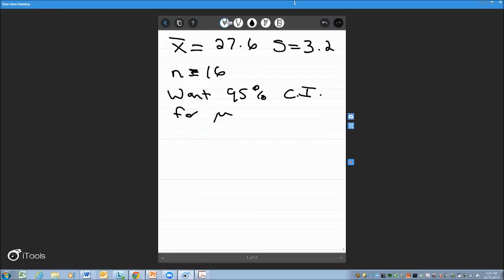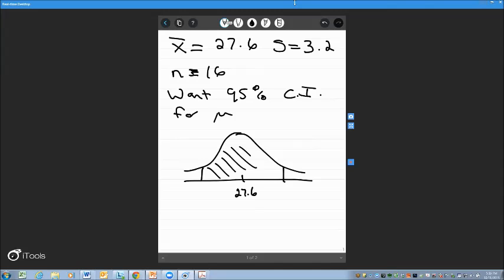Well, again, what that means is we're going to start with our mean of 27.6, and what we want to do is find a t-value such that we end up with 95% of the area under our t-curve being between some two numbers.